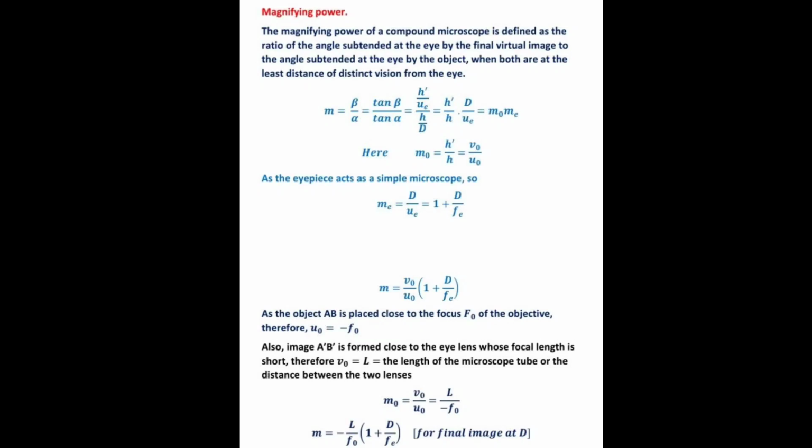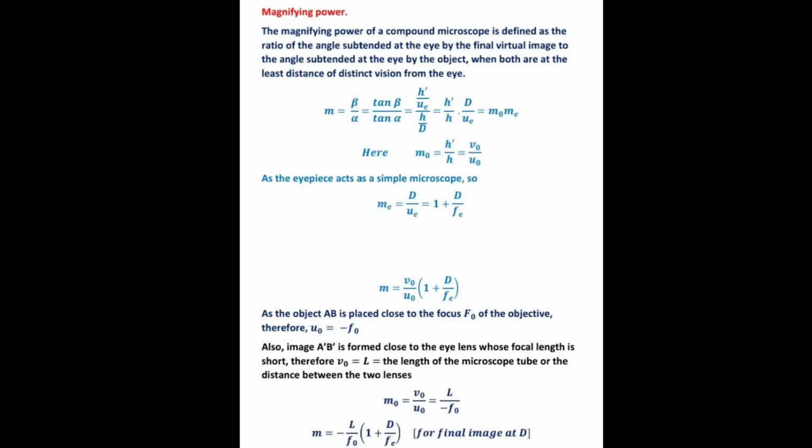Also the image A dash B dash is formed close to the eye lens whose focal length is short. Then what we do, we just change the value of v naught to L, that is the length of the microscope tube or the distance between the two lenses. So we get a new formula: m naught, earlier equal to v naught upon u naught, now changes to L upon minus f naught.